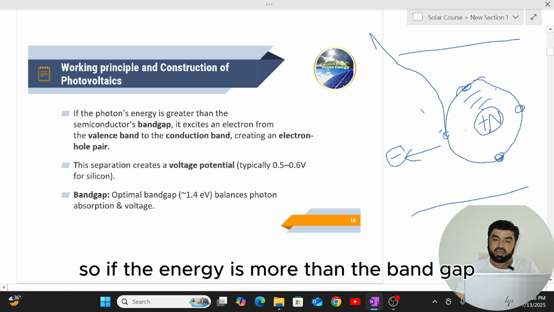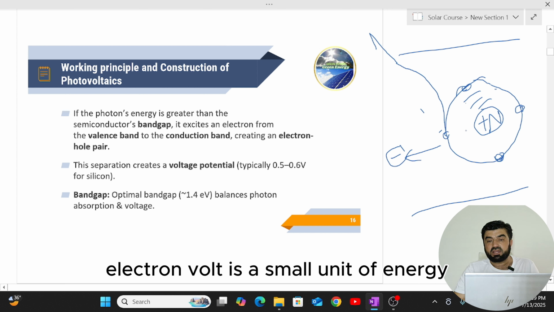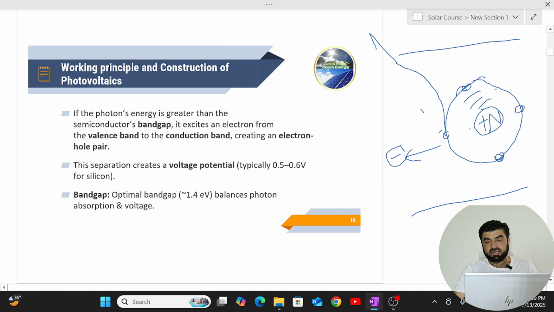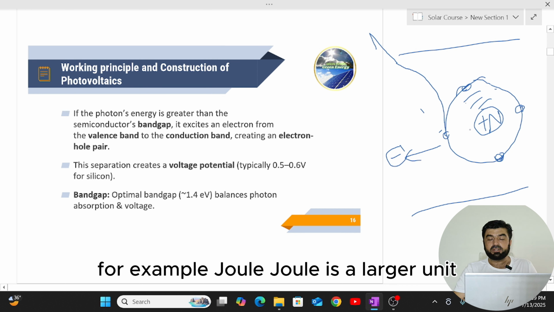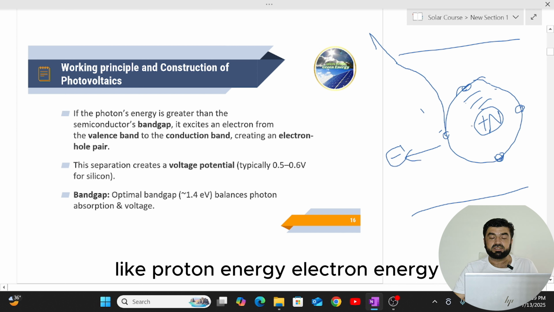So when the photon reaches, if the energy is more than the band gap, which is measured in electron volt. Electron volt is a small unit of energy used for elementary particles. For example, joule is a larger unit, so we do not use the joule for elementary particle energy, like proton energy or electron energy.